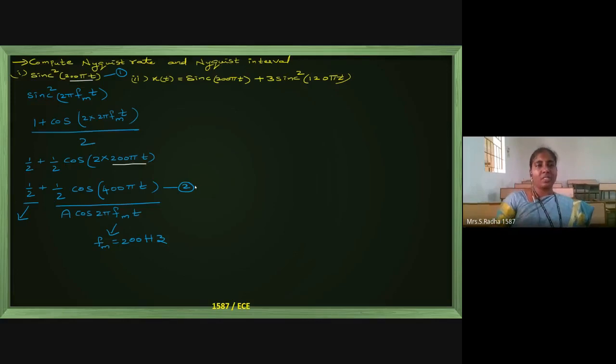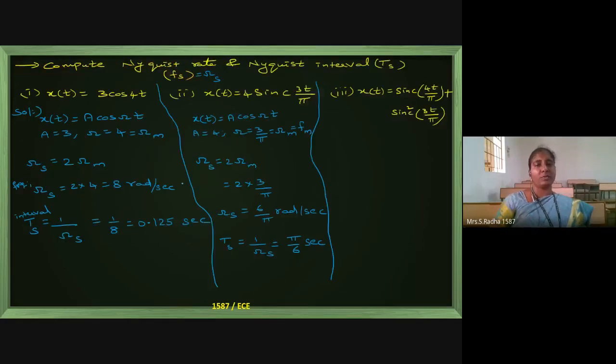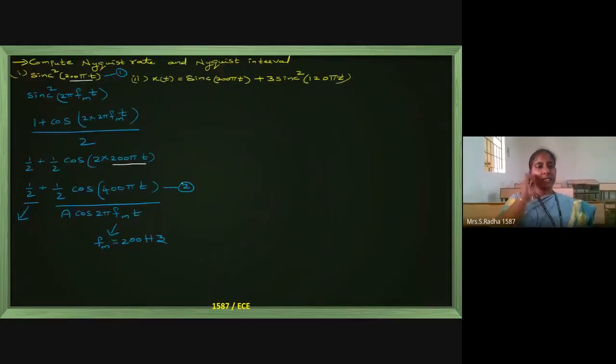Whenever pi comes in the numerator, because in the previous problem pi was not there in the numerator, you check all the 3 problems, pi was not there. In this case, you have to take the omega m and the entire value as frequency. Units are different here, radians per second. And here the units are hertz. fm is the frequency now.